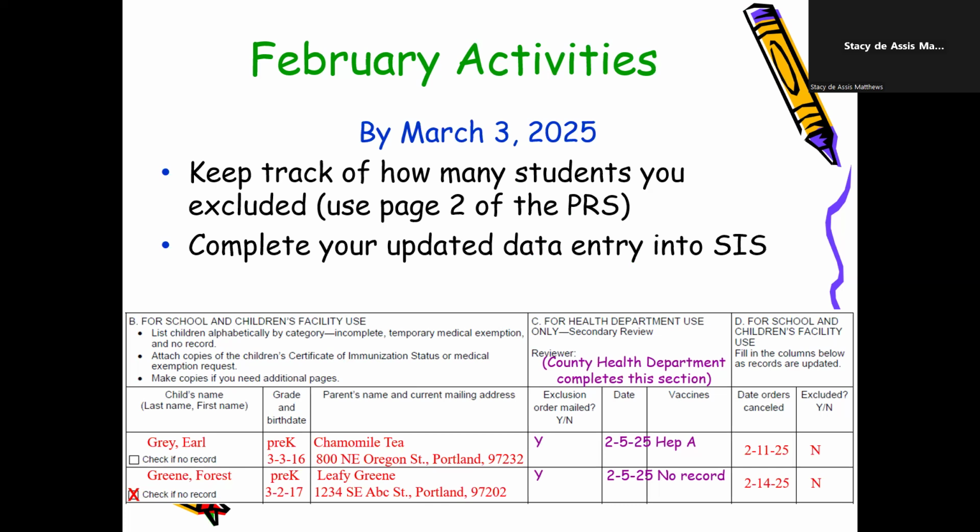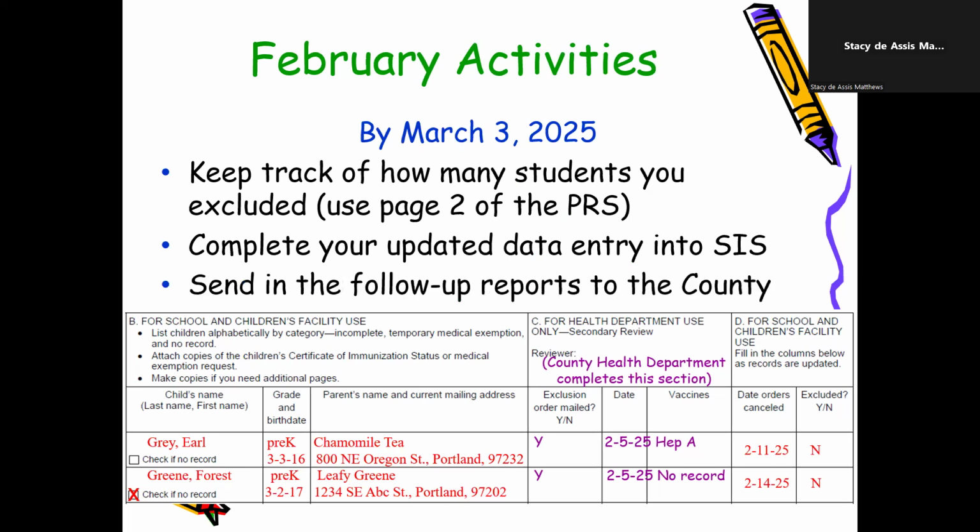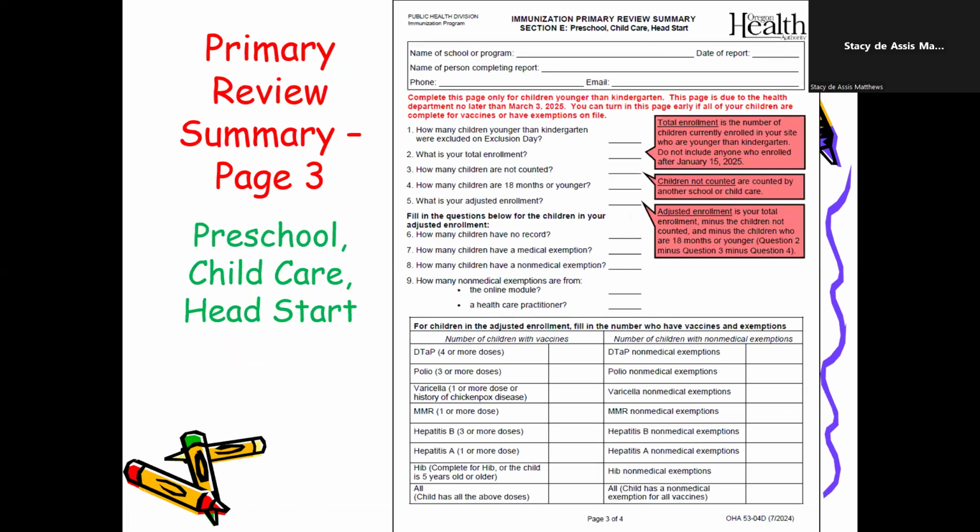It's super important to keep updated on entering that data as you receive it in that February timeframe, because it'll all need to be entered prior to March 3rd when your report is due. And you'll need to send that follow-up report to the county health department. This is the place on the primary review summary, page 2, where you can keep track of which students had to be excluded or not.